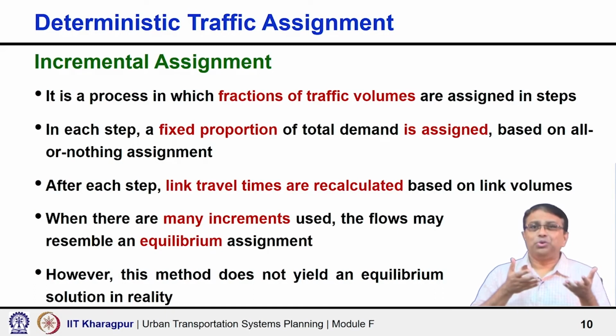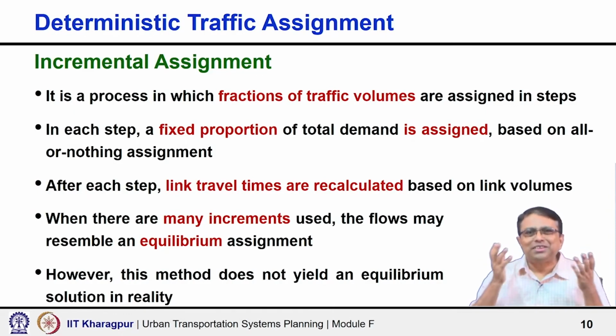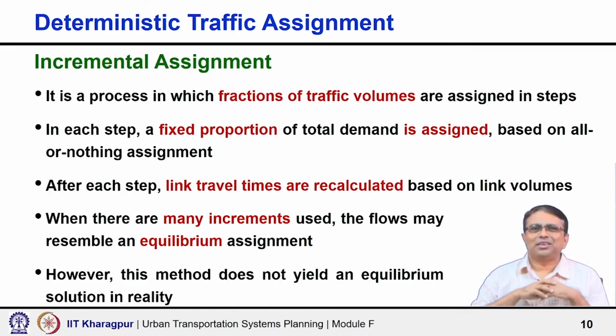It can give good results when you consider only one origin destination pair. But if you consider a realistic, large network, you cannot do the increments with a very small loading. So, maybe you will do it in 4, 5, 6, 10 loadings at best, or maybe a little even more.